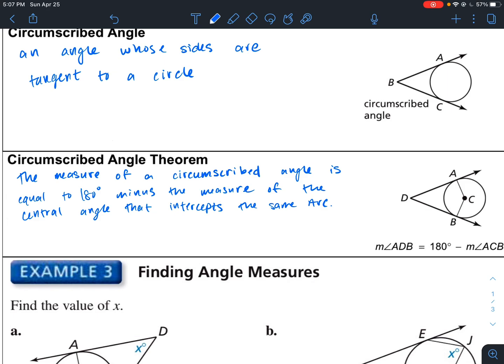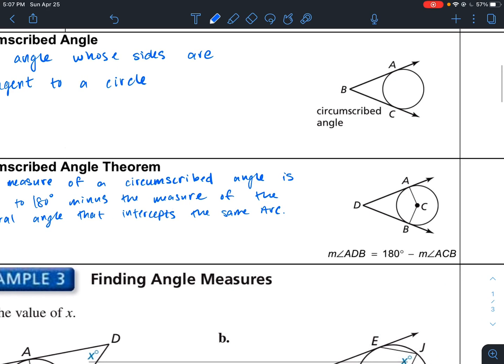Okay, so you see that we'll have a center of a circle. Now we have what we call the circumscribed angle, angle B, and you see that its sides are tangent, which means each does intercept the circle at exactly one point. Now these intercepts A and C form a central angle.